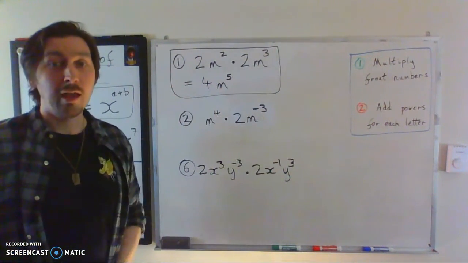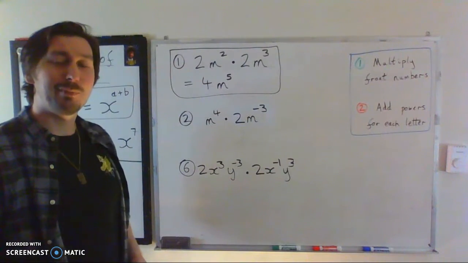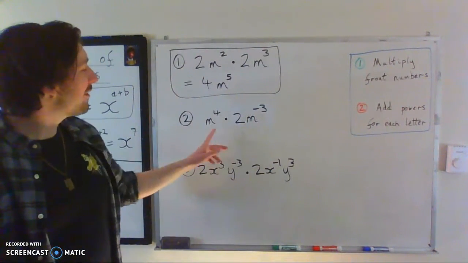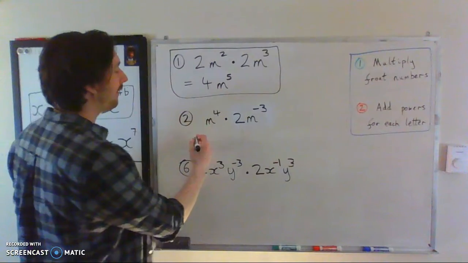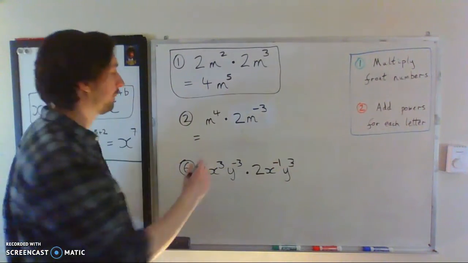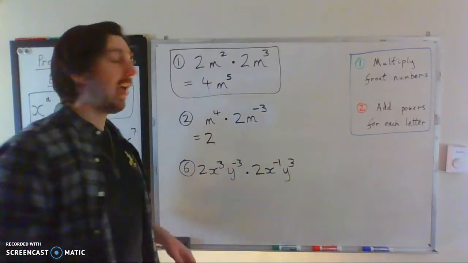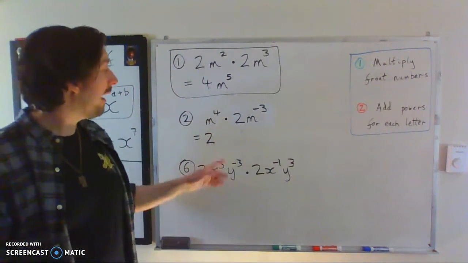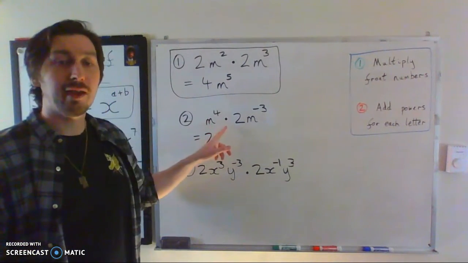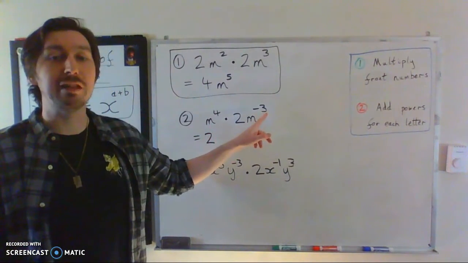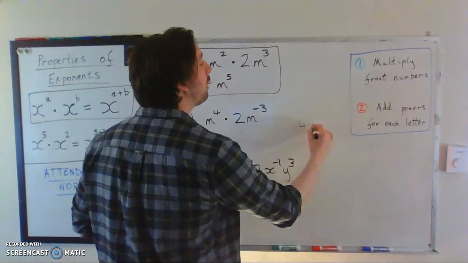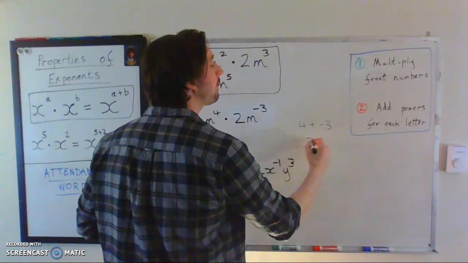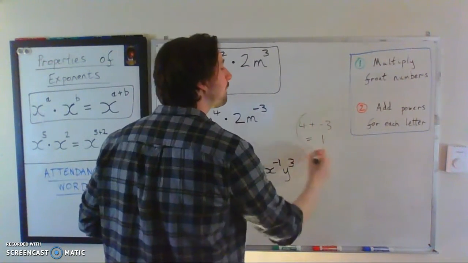Question 2, as you can see, it's a bit different. There's no number in front of here, so all I do is I just take that 2 and I'm going to keep it. And now I do the powers. m^4 times m^(-3). So this is kind of like 4 plus negative 3, which is positive 1.